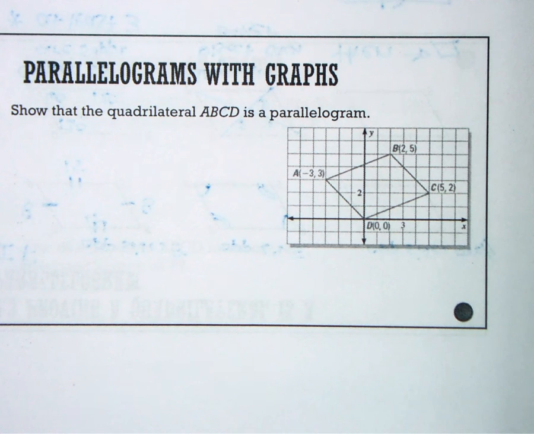Okay, there are 6 ways to do that. Some of them are not possible in the coordinate plane. For example, it is really difficult for you right now to tell me if the opposite angles are congruent to each other. That's kind of not an option. It's really difficult for you to tell me that the consecutive angles add up to 180 because you don't have any angle measures. But here's what you could do.